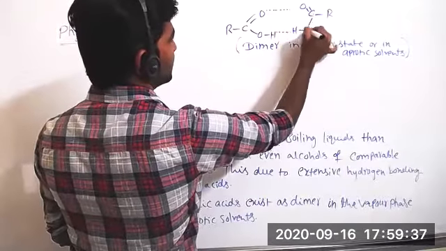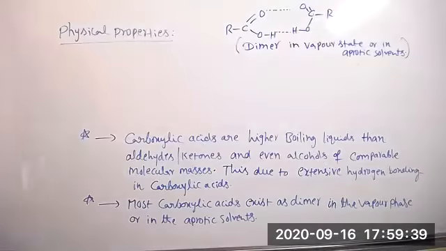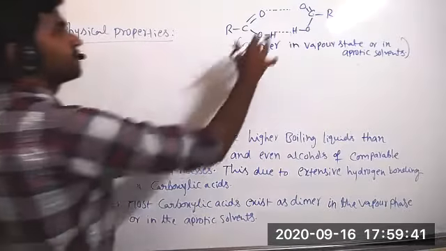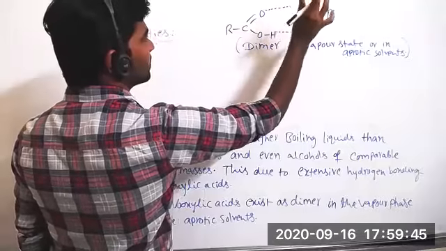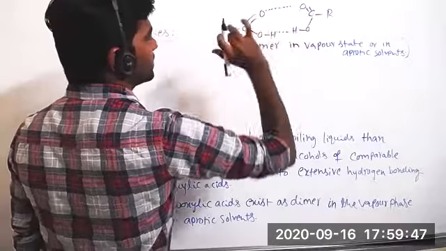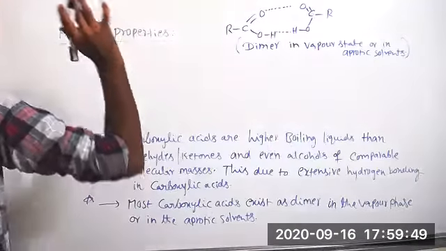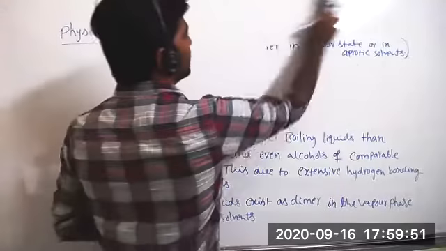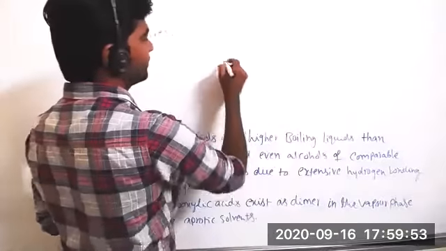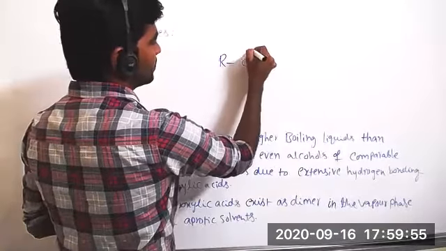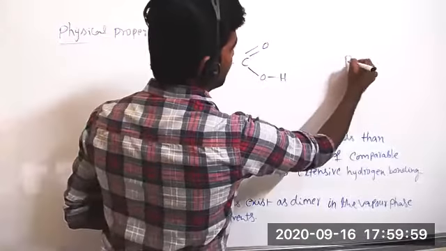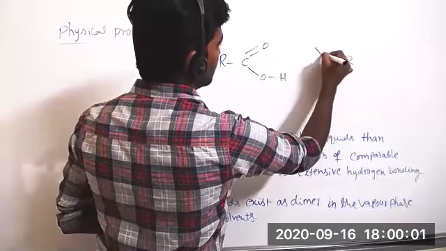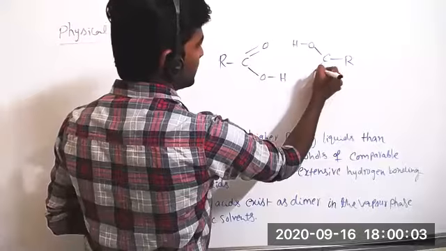Yeah, this is correct. Then here, just a minute. Don't draw, wait. OH, this side double bond O.